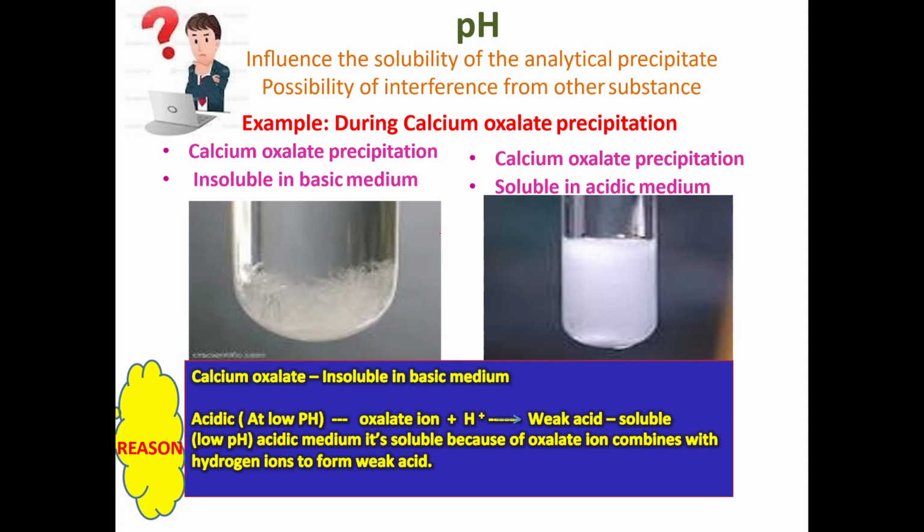Calcium oxalate will dissolve in acidic condition. So which one is better? For calcium oxalate precipitation, we need to use a basic medium. The reason is that at low pH, oxalate ion can react with protons to become a weak acid, and this weak acid is soluble. That is the reason why we do not use acidic conditions when doing the analysis for calcium oxalate.